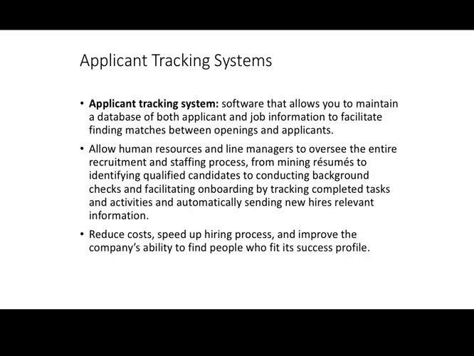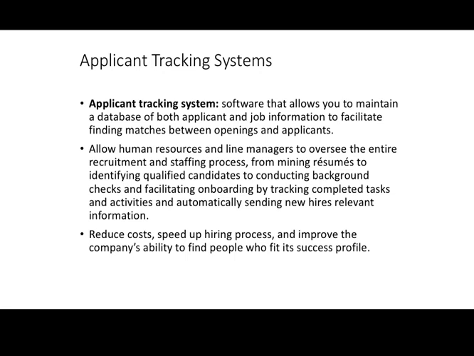Another thing that you can use to improve the staffing process is applicant tracking systems. This is software that enables you to maintain your database of applicants, information about the job, as well as how we match the applicant to the job. And that's the goal, is to make sure that we are keeping track of our applicants at every stage of the process, removing them when they ask to be removed from the process, so we keep accurate track of the flow statistics.